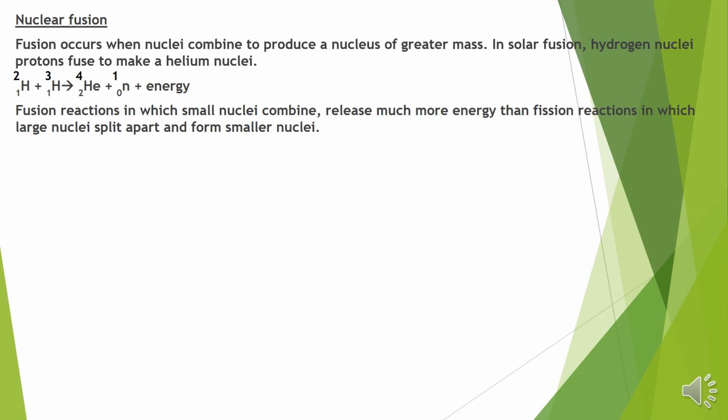So you have the hydrogen 1, 2, which is the deuterium, plus the tritium, which is 1, 3, and it will give the helium 2, 4 plus a neutron plus a great amount of energy. Fusion reactions in which small nuclei combine release much more energy than fission reactions in which large nuclei split apart and form smaller nuclei.